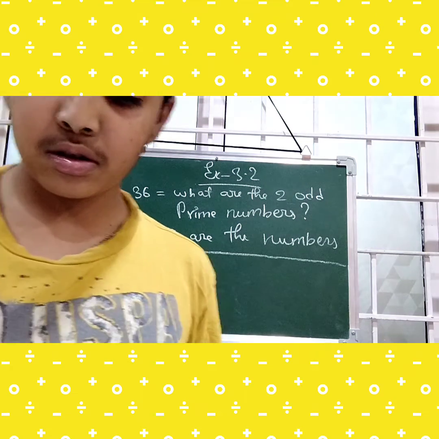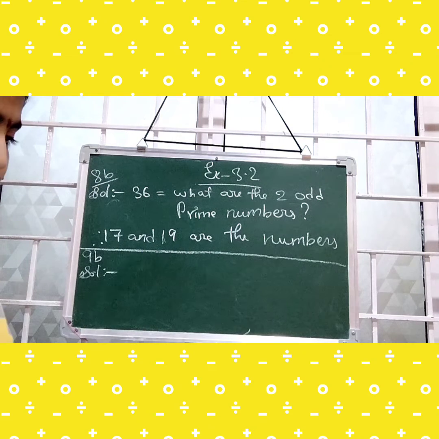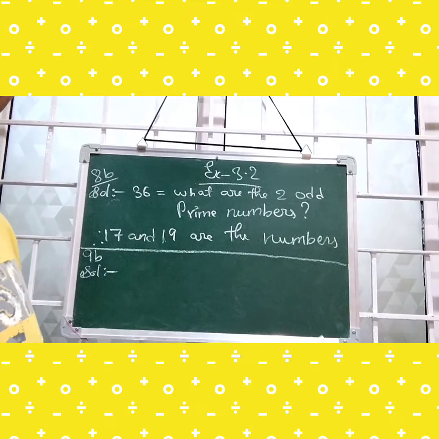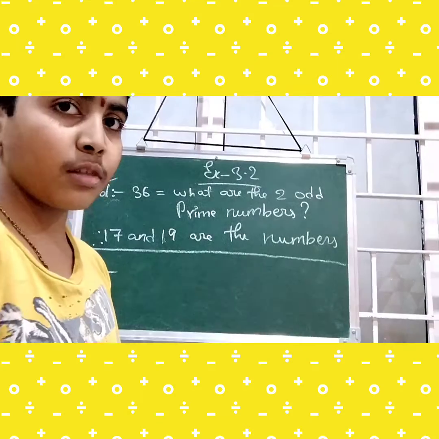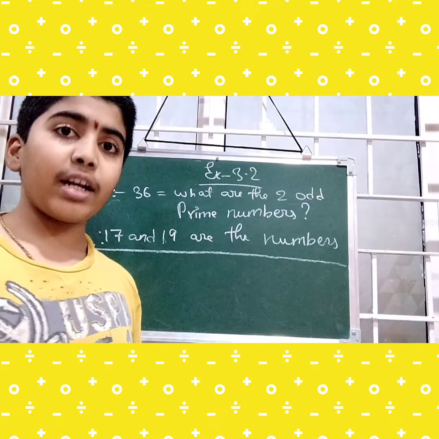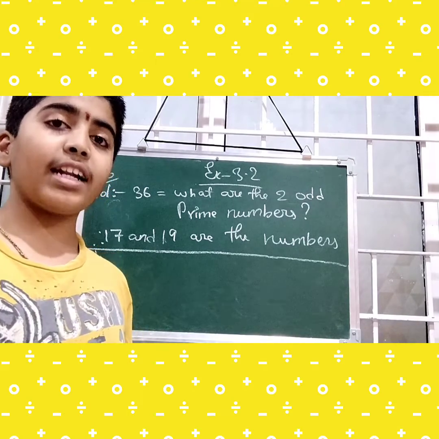So consecutive numbers. Composite numbers are numbers which are divisible by 1, by others, and by the number itself.